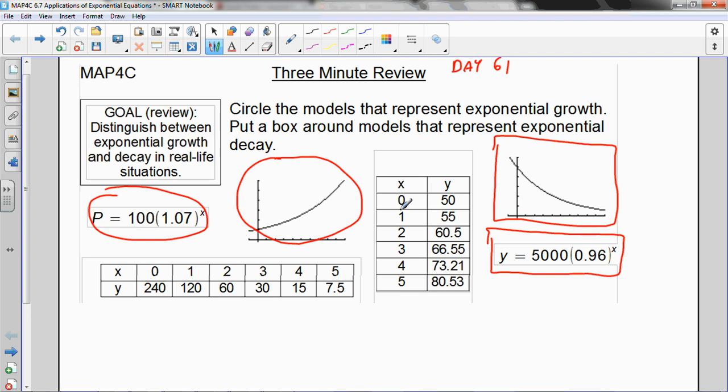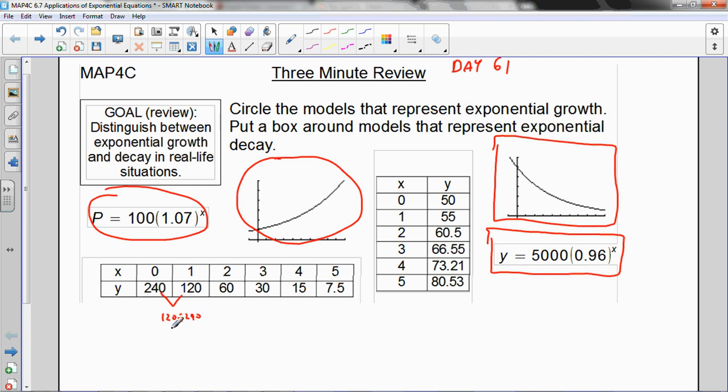On the table, well, we know it's exponential growth and decay, so we can see this one's going down. So this one's decay, but how can we tell from a table if it's exponential decay, or maybe this is just a linear table? Remember, what we do is it's the common ratios. So we would take the second thing and divide by the one that came before it.